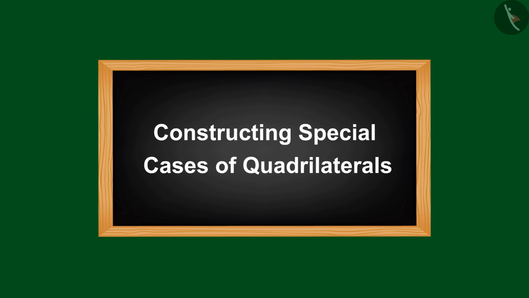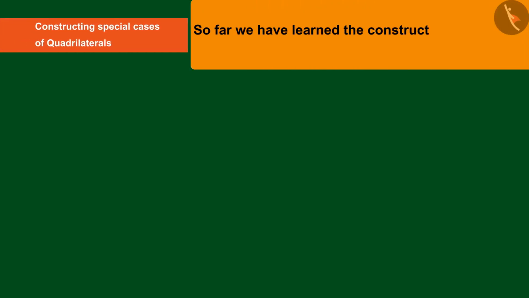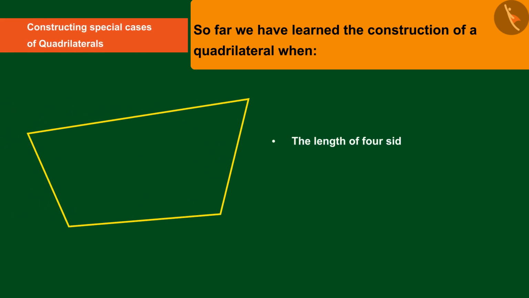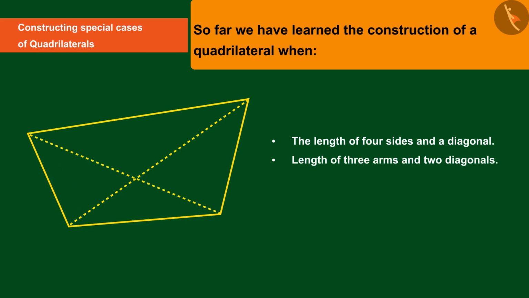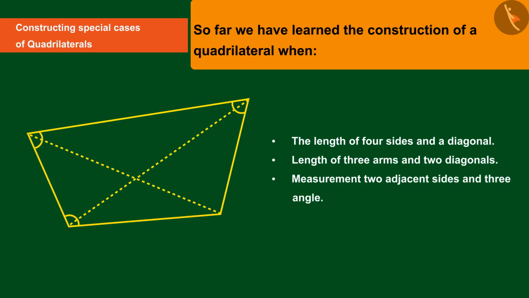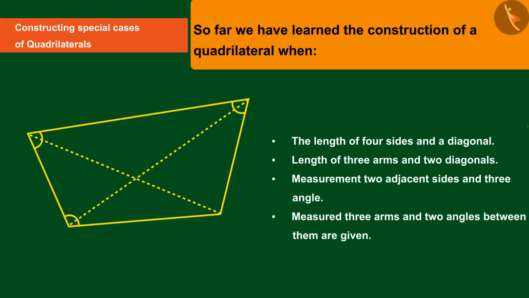Today in this video, we will learn how to construct a quadrilateral in certain situations. So far, we have learned the construction of a quadrilateral when the length of 4 sides and a diagonal, length of 3 sides and 2 diagonals, measurement of 2 adjacent sides and 3 angles, or measures of 3 sides and 2 angles between them are given.